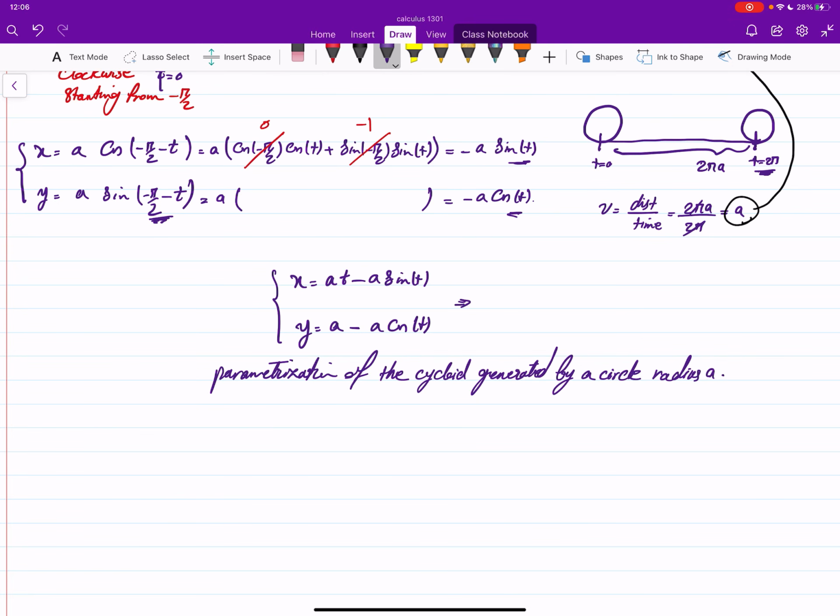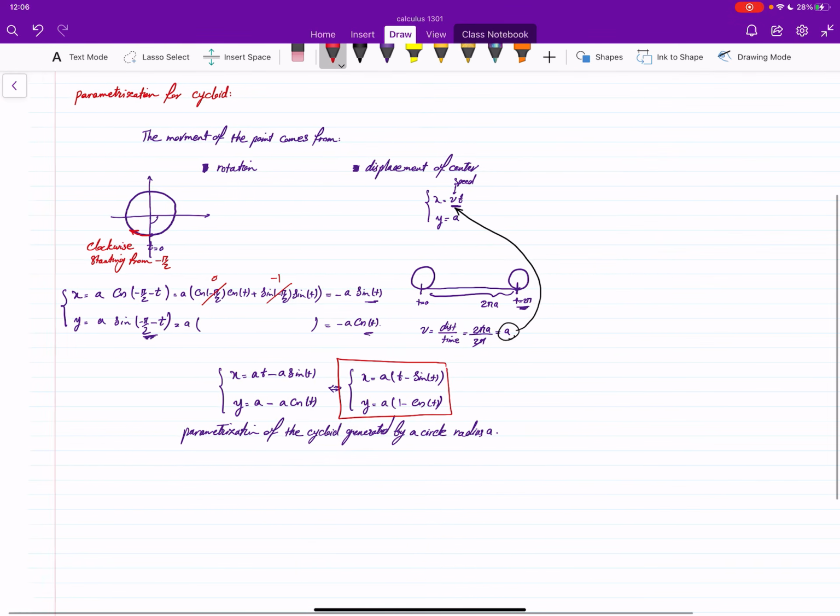You can simplify that and write it as x equal to a times (t minus sine t), and y as a times (1 minus cosine t). Okay, so this you have to know, and you have to be able to use it when you need it.